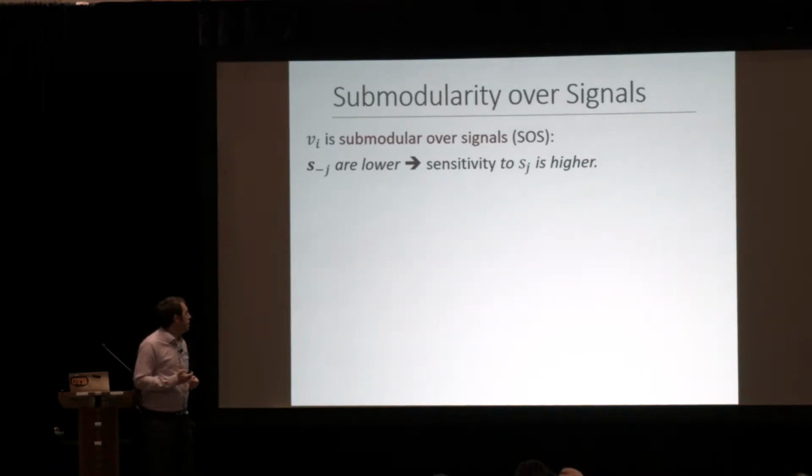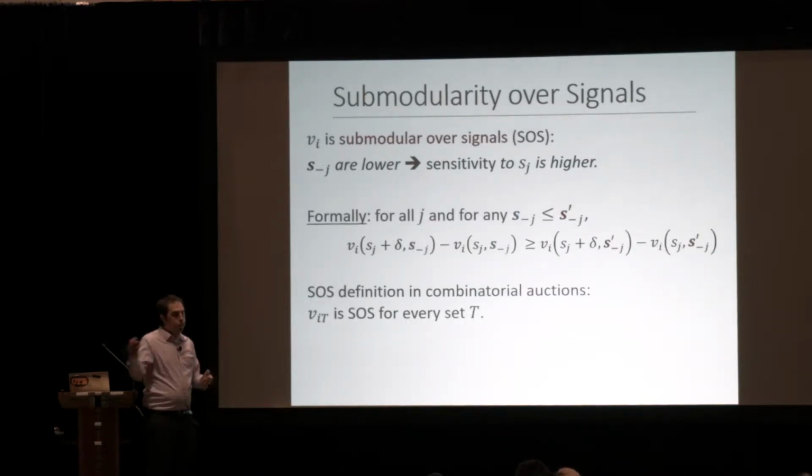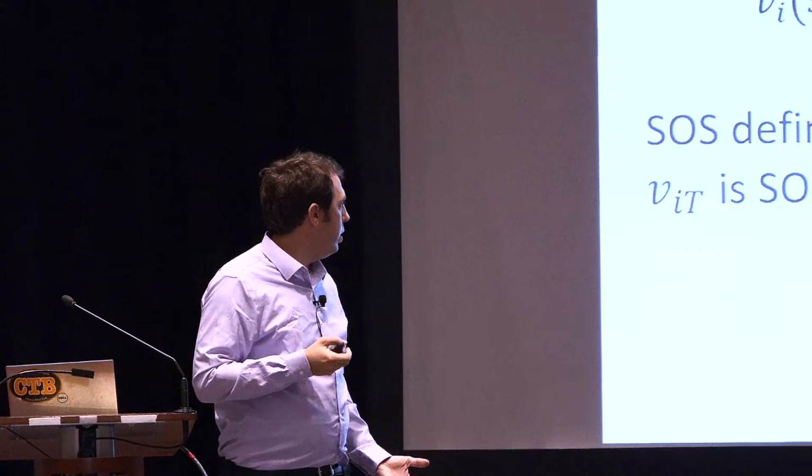And in math, it says that if S minus j, all the signals but j, is lower on the left-hand side, the change in the signal of bidder j changes the valuation more than if the signals are higher on the right-hand side. So if the signals but j are lower, signal j is more important. Okay.